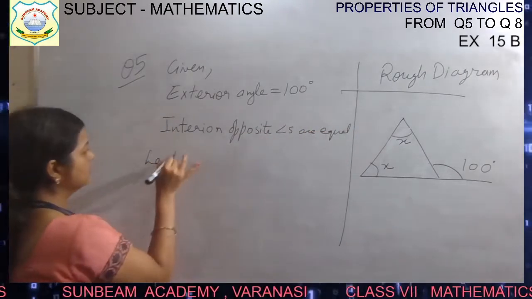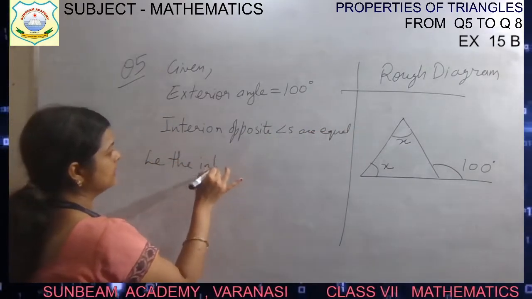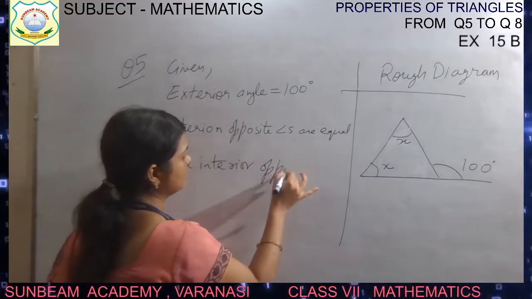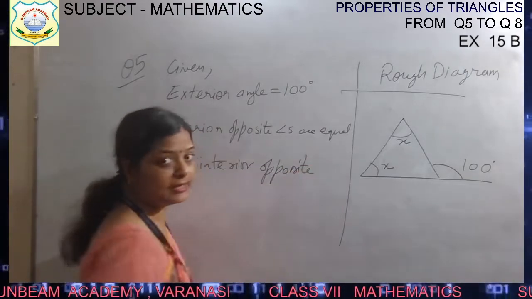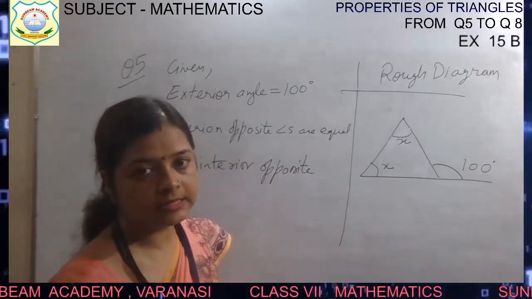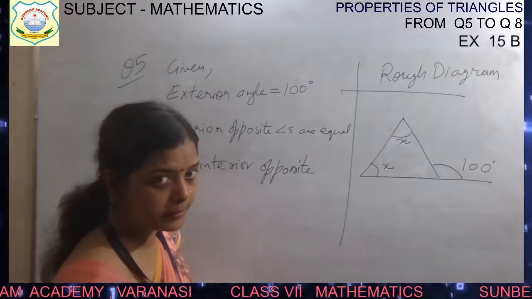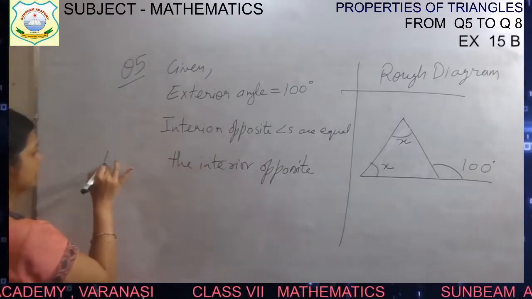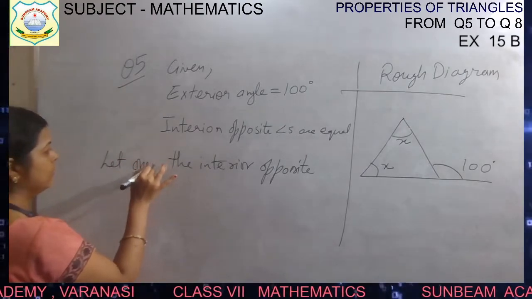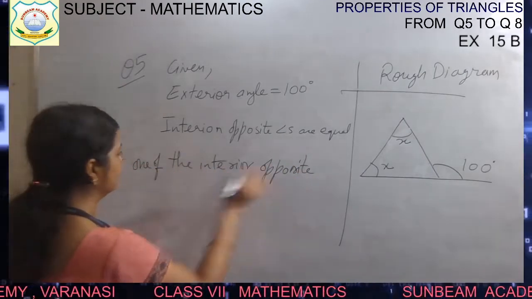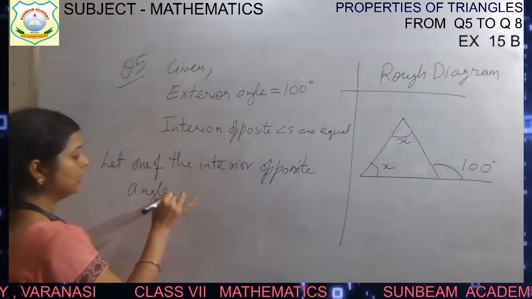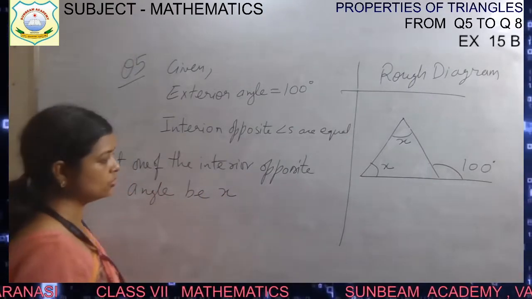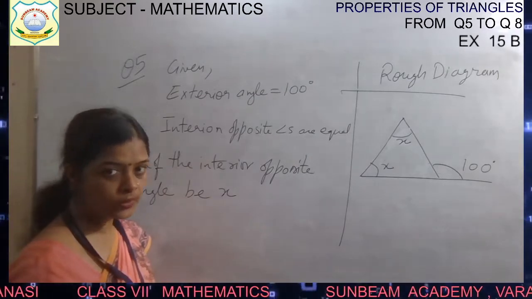So let one of the interior opposite angles be x. एक को हमने x मान लिया. So the other one will also be equal to x.